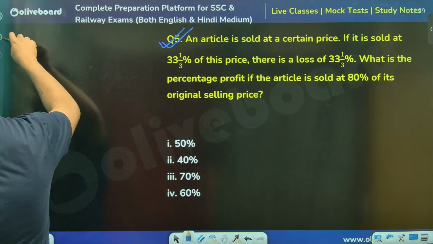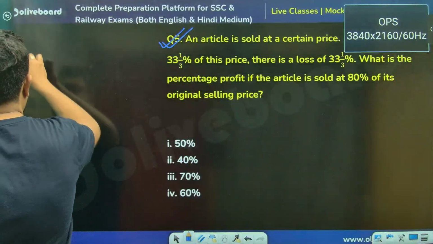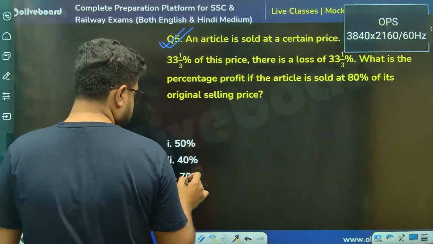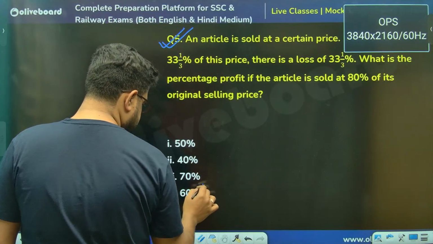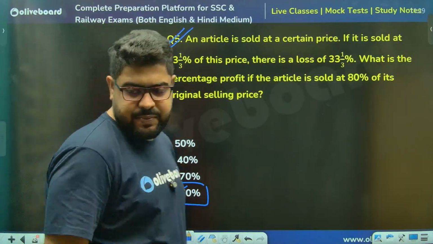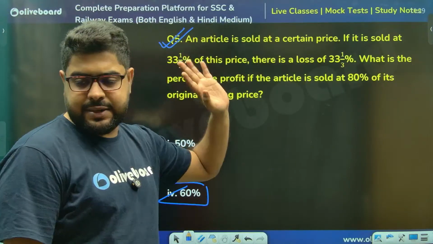Again a mix-up. Take it, brother, all are saying 60. Let's see. An article is sold at a certain price.